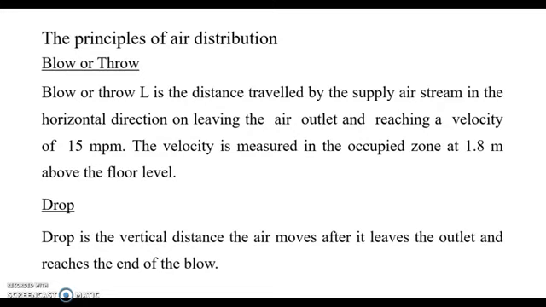It is the distance travelled by the air stream simply in the horizontal direction. Drop is the vertical distance the air moves after it leaves the outlet and reaches the end of the blow. Blow means horizontal distance, drop means vertical distance travelled by the air.